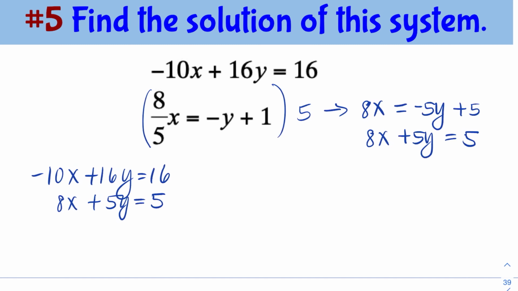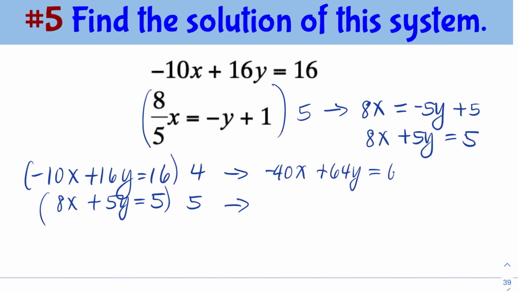To make the x coefficients the same, I will multiply the first equation by 4 and the second equation by 5. That way, the first equation becomes negative 40x plus 64y is equal to 64. The second equation will be 40x plus 25y is equal to 25.